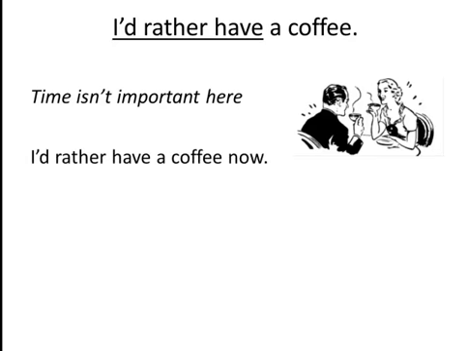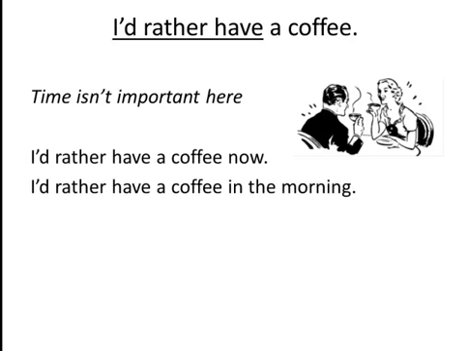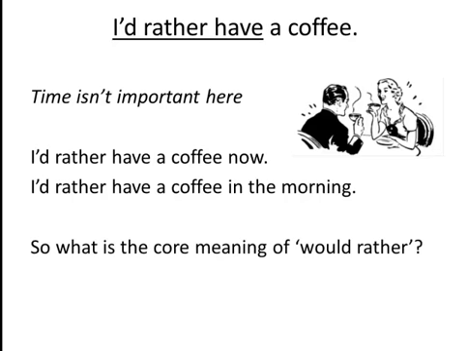So this could mean now, it could mean in the future, but there is another thing which is more important than when about the would rather. So stop me for a minute and think, what is it that would rather do something actually means?